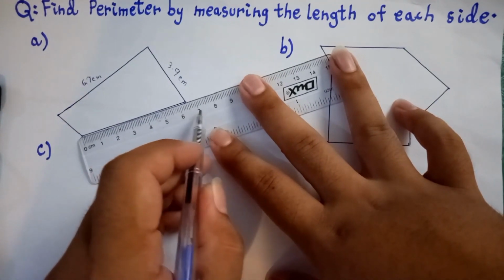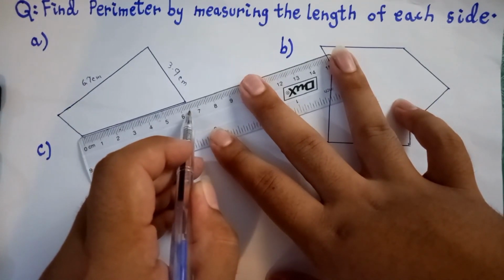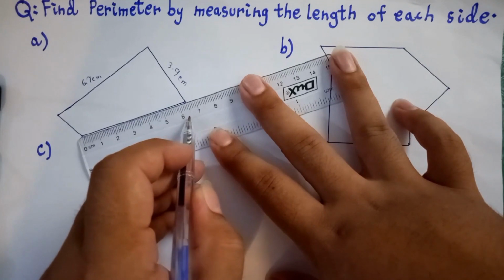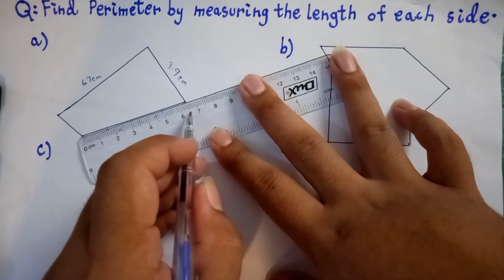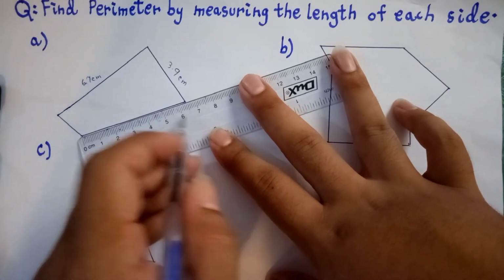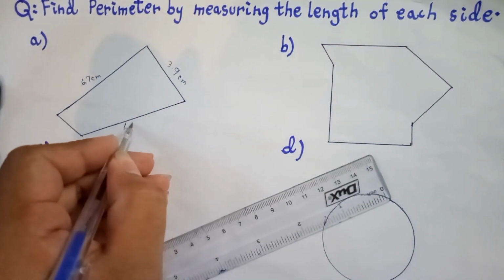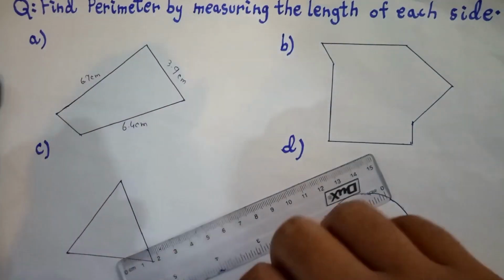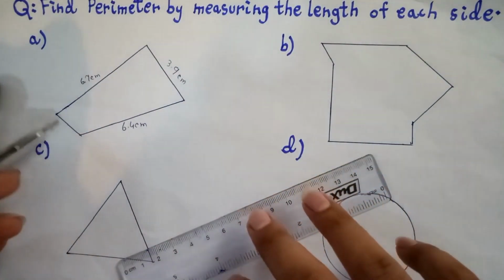You can see this is 6, this is 7, and this long line is actually the half, in the center between 6 and 7. This one is 6.5, so we have 1 millimeter less than 6.5, so it will be equal to 6.4 centimeters. Now time to measure this length.